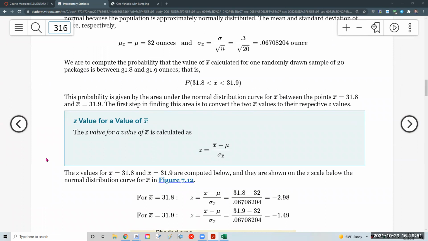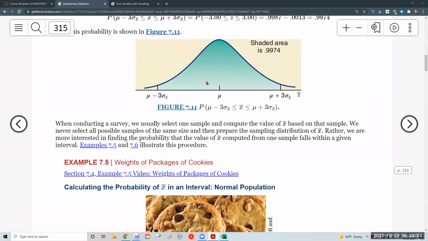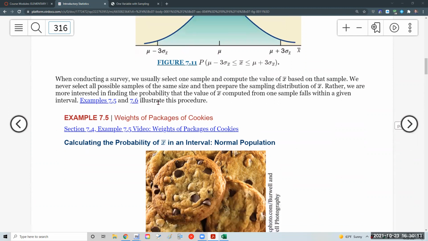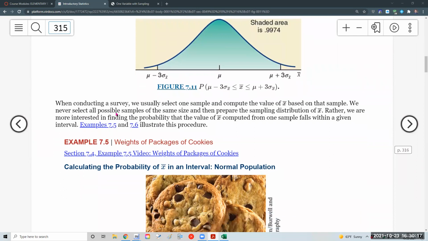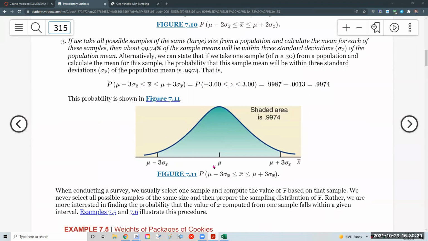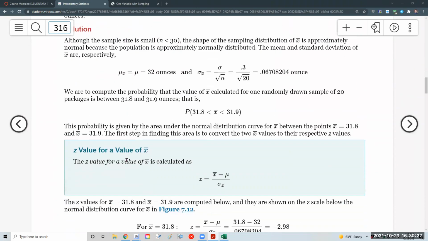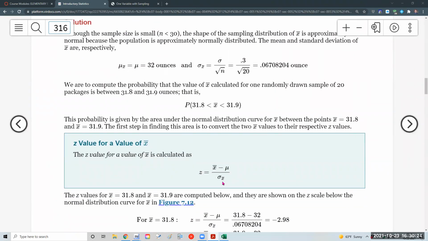Each of those values will be our numbers along the x bar axis on the sampling distribution curve, and each will be a certain distance away from the actual value of mu. You can find the z-score of any one of these x bar values with the z-score formula. It represents the number of standard deviation lengths that a particular x bar is away from the population mean. The formula for z is x minus mu over sigma.